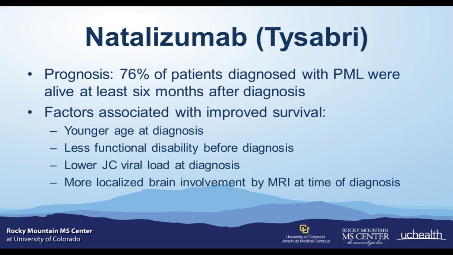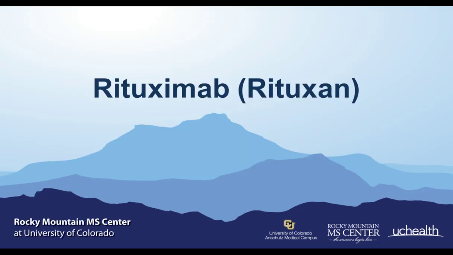Things that we think are associated with improved survival if you acquire PML on Tysabri are a younger age of diagnosis, less functional disability before you were diagnosed, a lower JC viral load at diagnosis, which plays into the importance of being able to detect lower JC viral amounts in the fluid around our brain and spine, and then also having more localized brain involvement in your MRI at the time of diagnosis, meaning that there aren't quite as many areas involved.